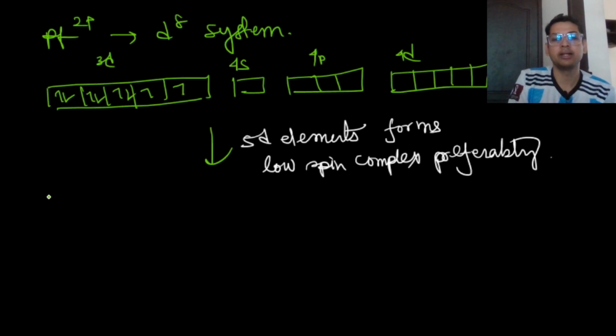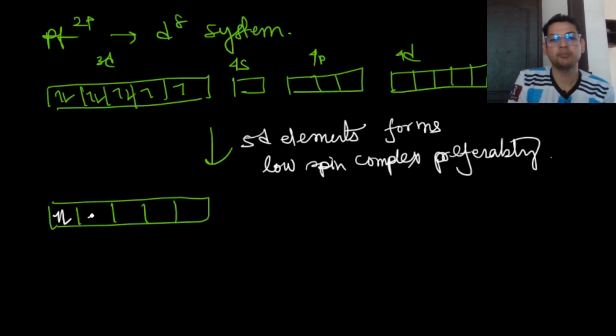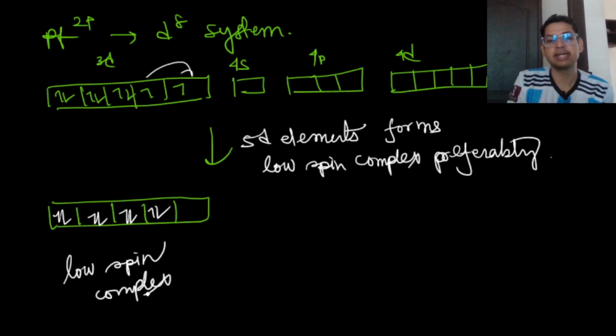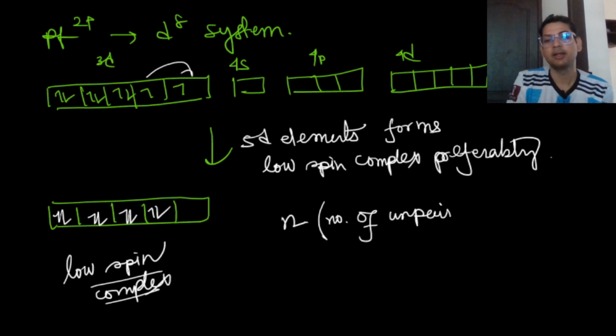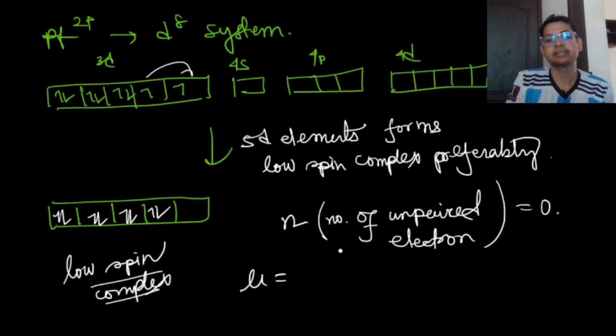So what will happen, sir? There will be electron pairing up. Yes, very good. There will be electron pairing up, and these two unpaired electrons will get paired because I want to form low spin complex. And sir, if this is the case, I got my answer that n, the number of unpaired electrons, is 0, and mu, the magnetic moment, is root over n into n plus 2.